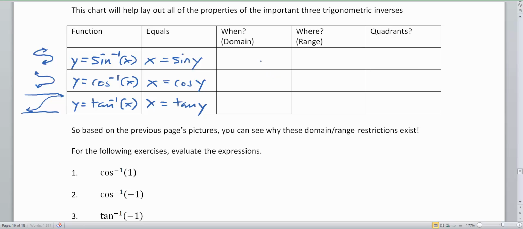Now, the domain of the inverse sine is going to be from -1 to 1, as explained in the previous video. And so is the same for our cosine wave. We can just kind of logically figure that out because a normal sine and cosine wave would have a range between -1 and 1.